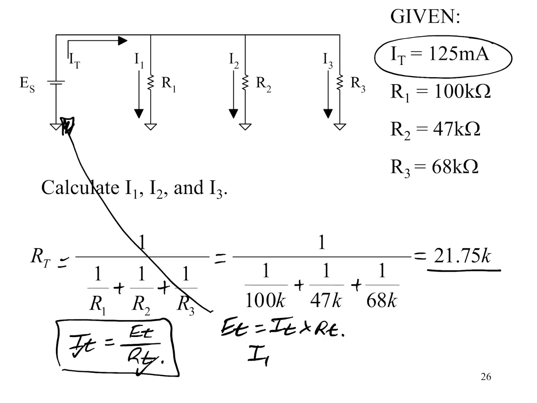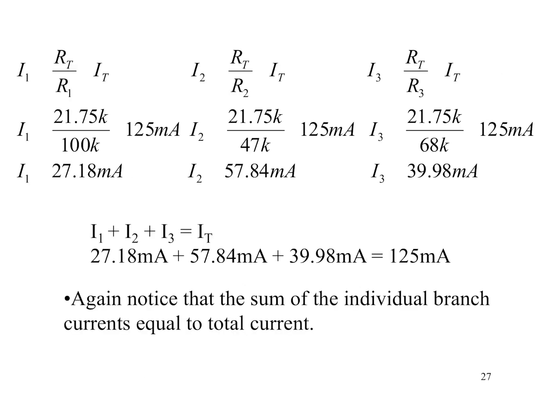So I1 would equal E total divided by R1, I2 E total divided by R2, and I3 would equal E total divided by R3. And of course that's a way that you could verify the calculations using the current divider rule in this next slide.